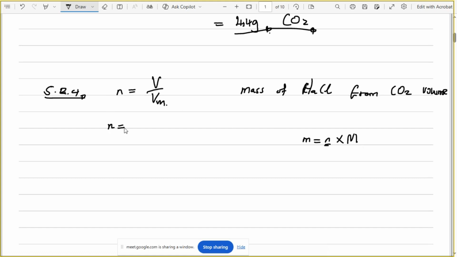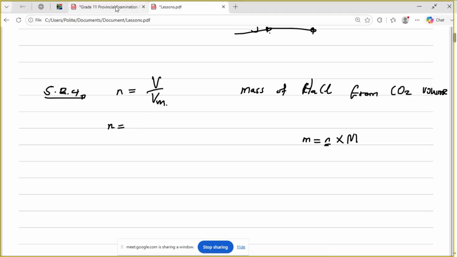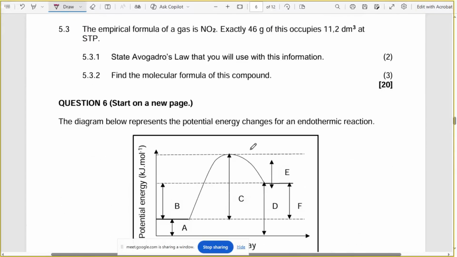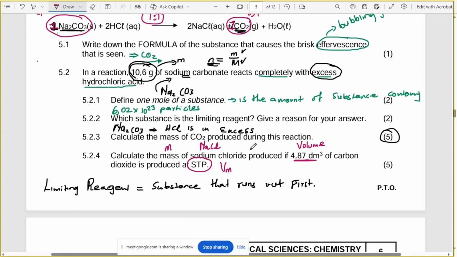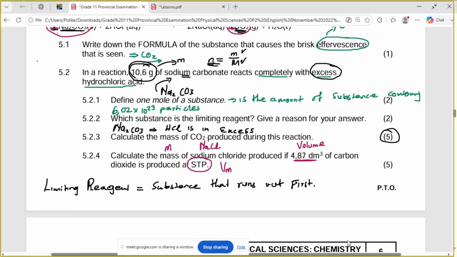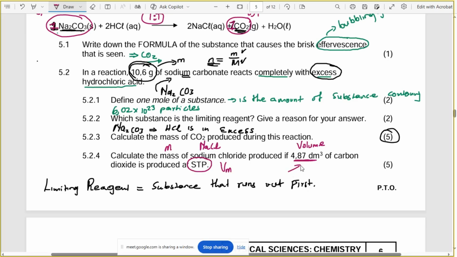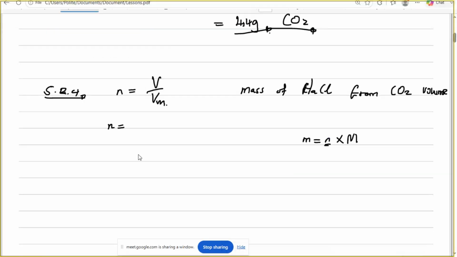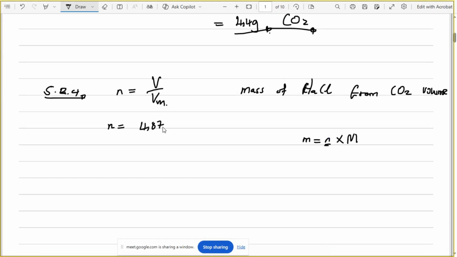The number of moles is the volume that was given, which, if we go back to the question paper, is 4.87. This is my volume, 4.87. So I'll take the 4.87, substitute it into that formula, and then divide by Vm.